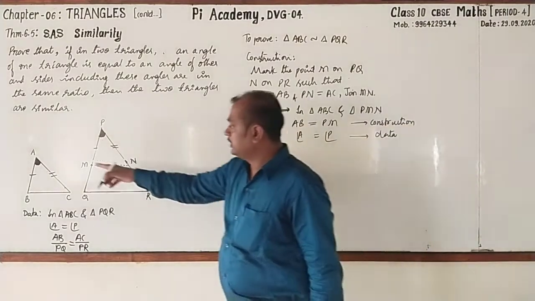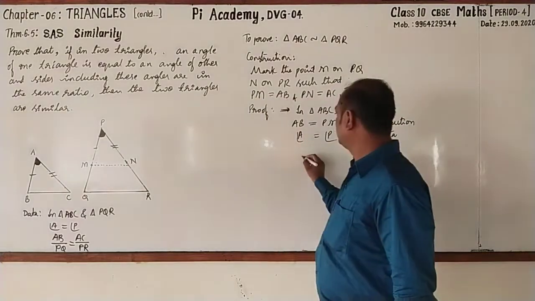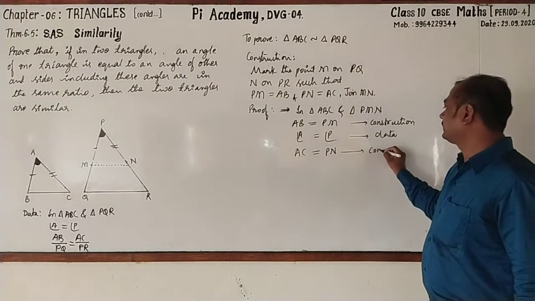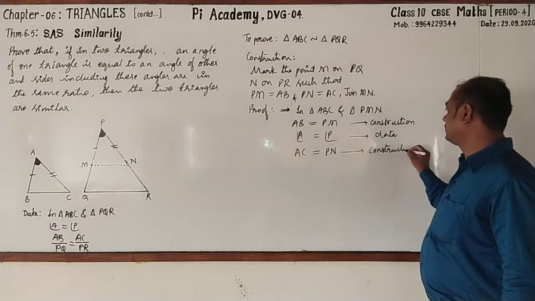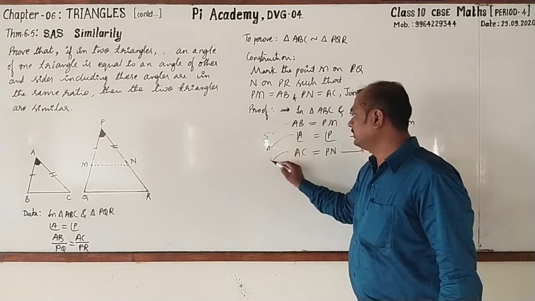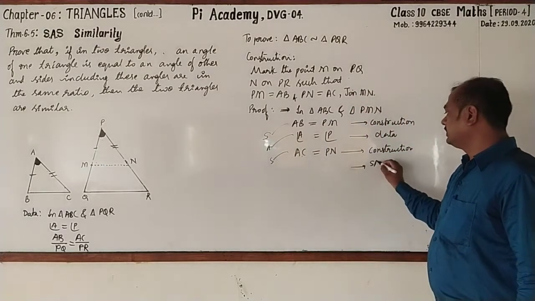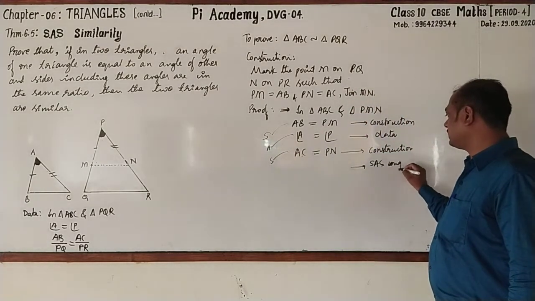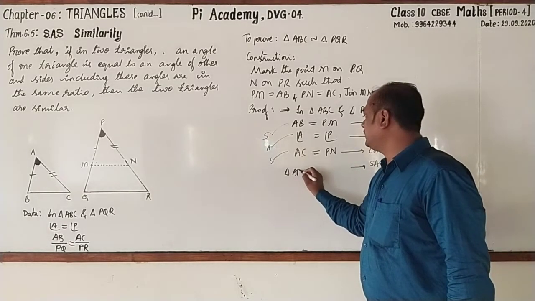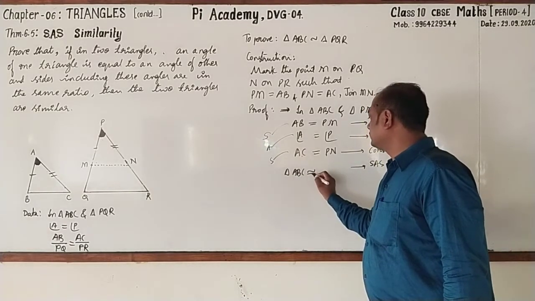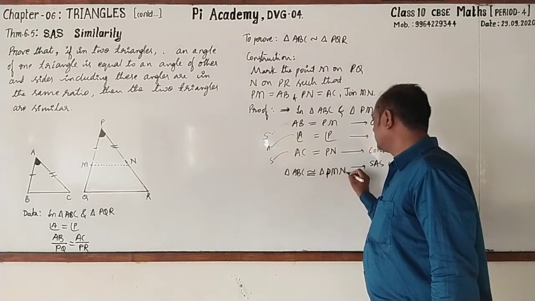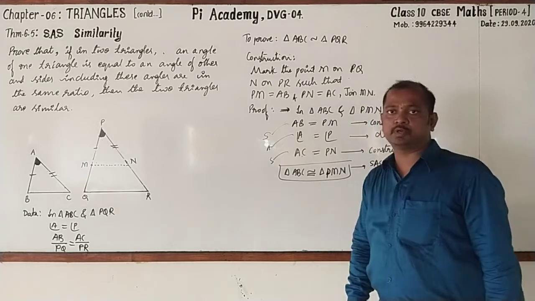Next, AC equal to PN. What is the reason? Again from construction. So according to SAS congruency rule, you can say that triangle ABC is congruent to triangle PMN. This is one part which is very important.